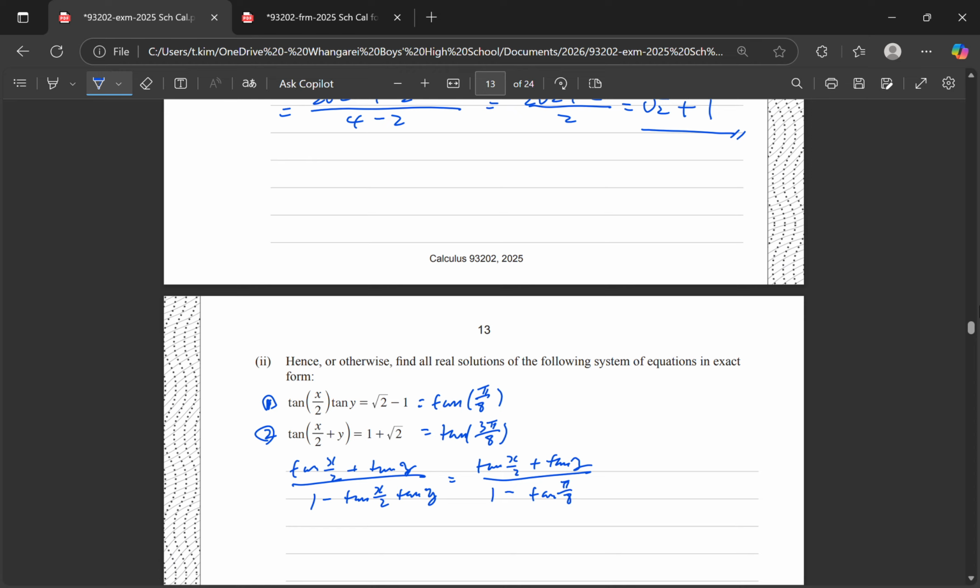Right? And that, we can change to a number: tan y over 1 minus tan(π/8), which is √2 − 1, right? So √2 plus 1, right? That is, it says 1 plus √2, right?